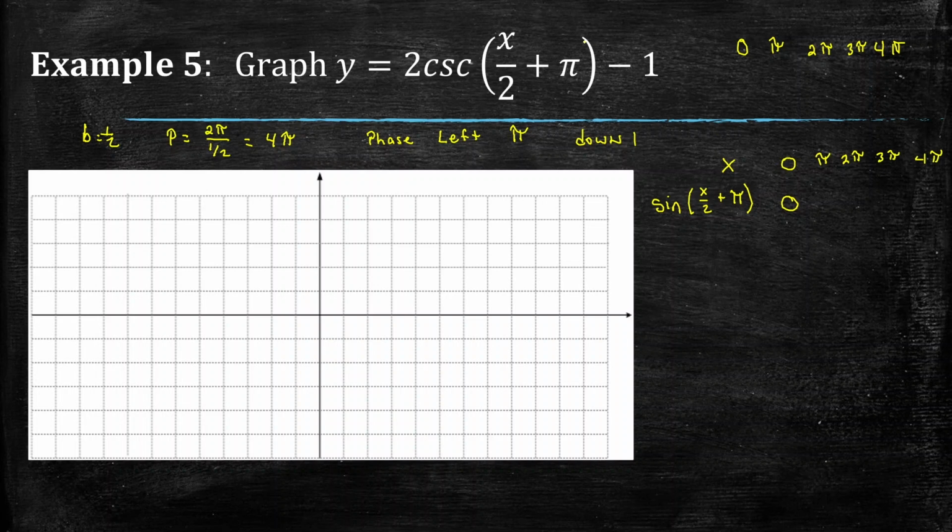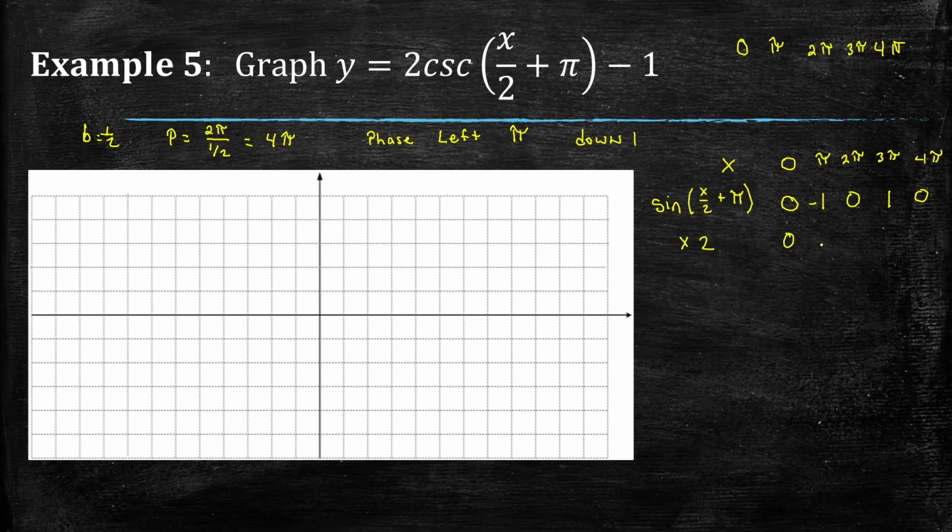At pi, this becomes pi over 2 plus pi, which makes it 3 pi over 2. And at 3 pi over 2, that makes this -1. Back to 0, +1, and then back to 0 again. Now, I am stretching this by 2, so we're going to do the times 2 now.